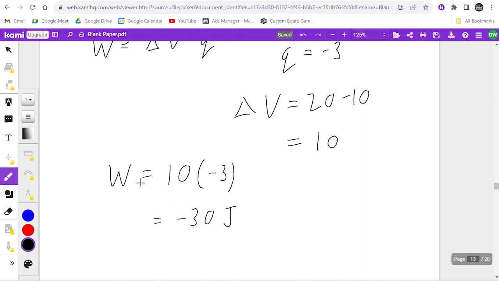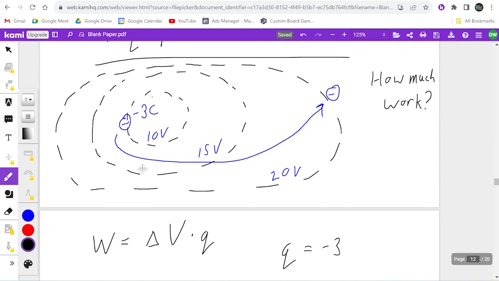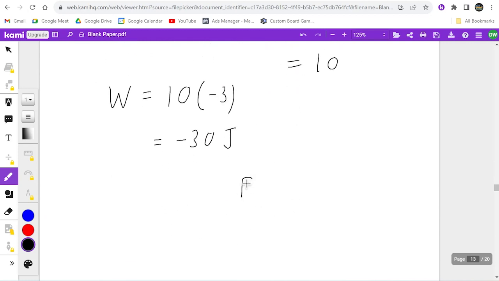Is this electron going the way it wants to go? Let's see. The electron starts in the middle and then goes out towards the outside. In other words, it's going to a more positive voltage. The electron wants to go this way because it wants to go to a positive voltage. Electron's attracted to positive voltage. So in other words, electron, or just negative charge, it's not an electron, but whatever.